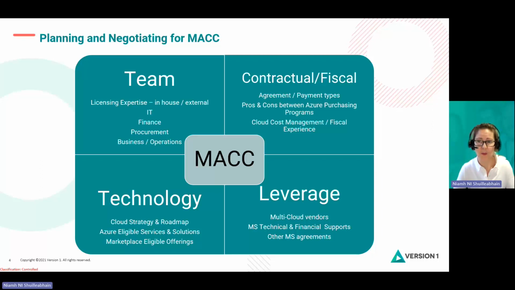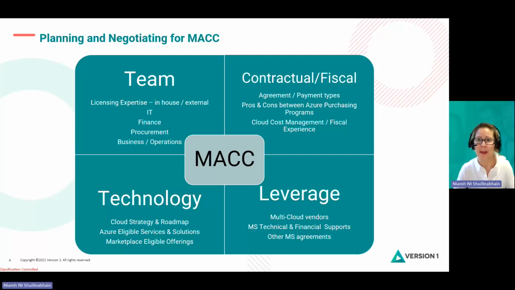Your cloud strategy and roadmap: you should have a clear vision of your cloud goals, objectives and timelines. You should also have a realistic estimate of your current and future Azure consumption based on your workload type, sizes and growth rates. This will help you choose the right MACC amount and term that matches your cloud strategy and roadmap.